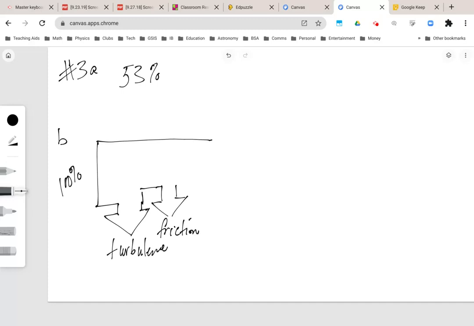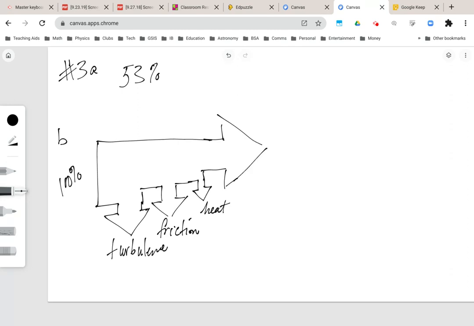And then finally, I've got 5%. So it's kind of small. This goes out to heat. And I should be left with 53% of the energy making it through to electricity.